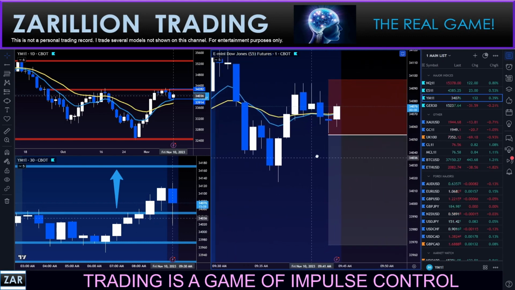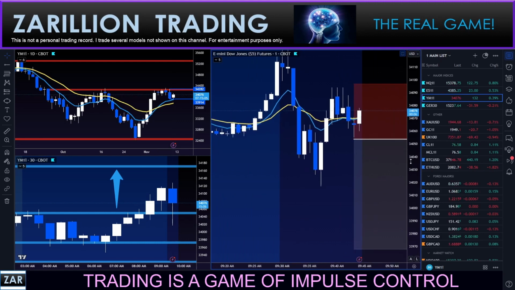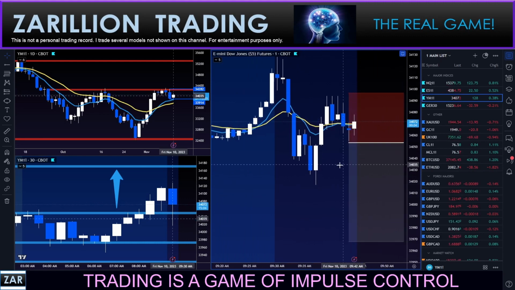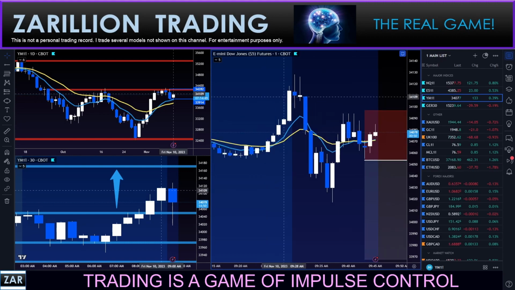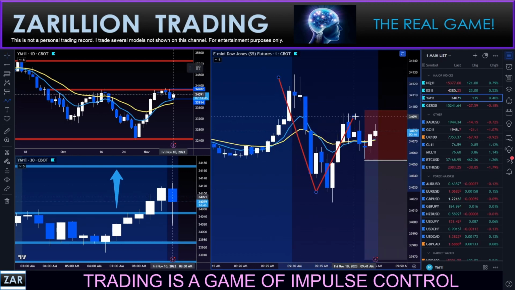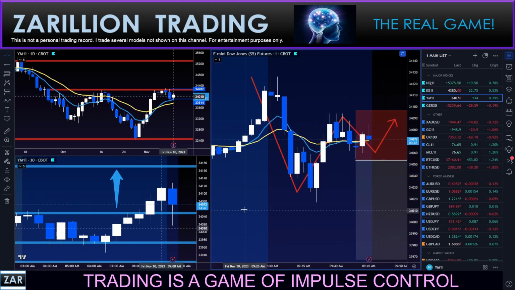Sell stop. So I'm not in this. Price needs to drop and break down below that white line in order to get triggered in here. This is a contracting pattern. So far.